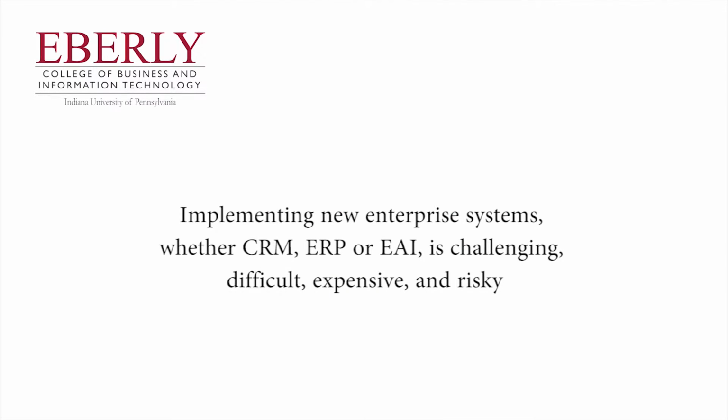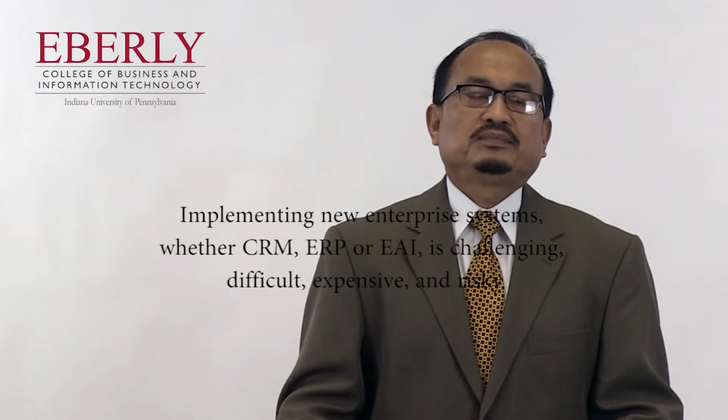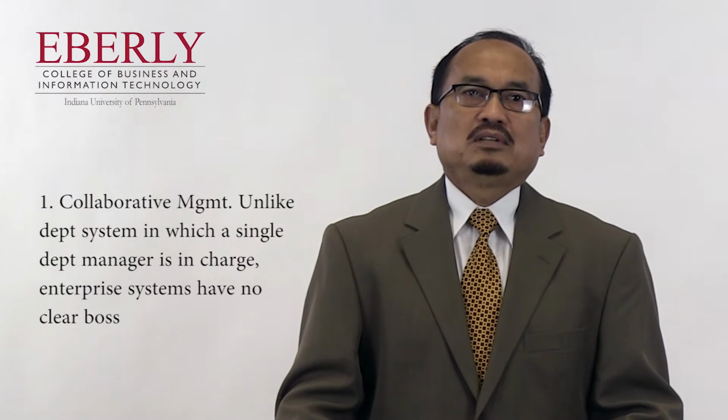Implementing a new enterprise system, whether CRM, ERP, or EAI, is challenging, difficult, expensive, and risky. It is not unusual for enterprise system projects to be well over budget and a year or more late. The expense and risk arise from four primary factors. 1.